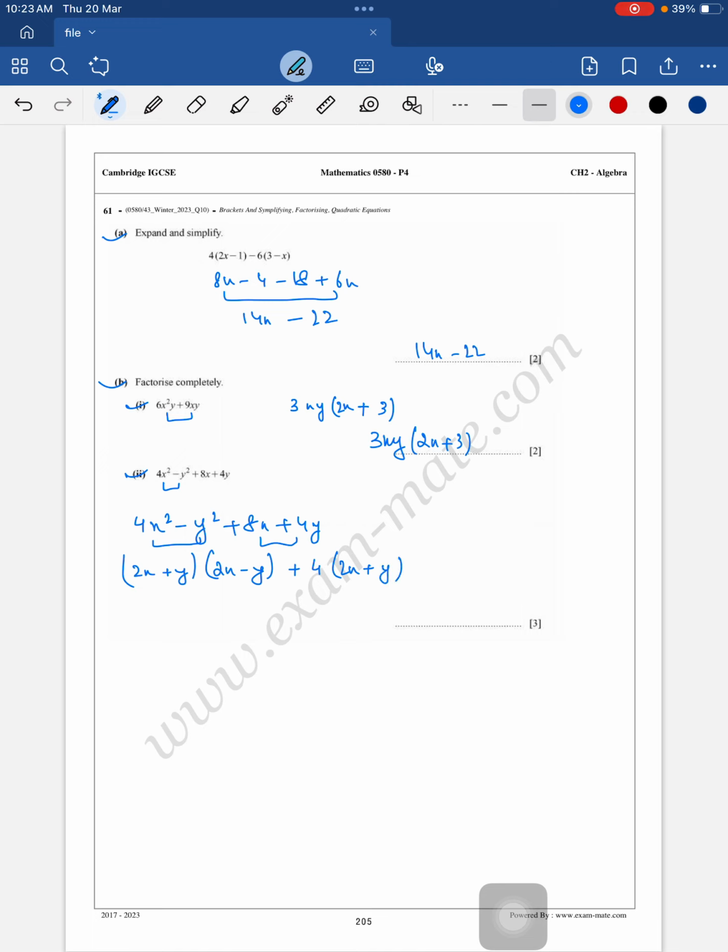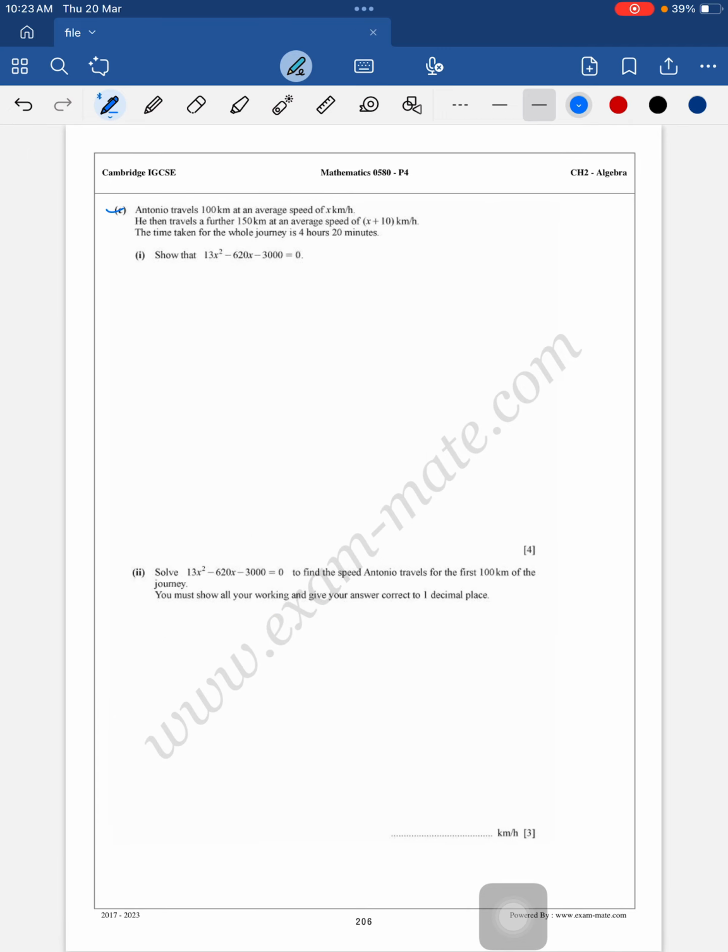So you see in this expression, these two terms are common, so 2x plus y I took common. Remaining part is 2x minus y plus 4. That's the answer. Clear?